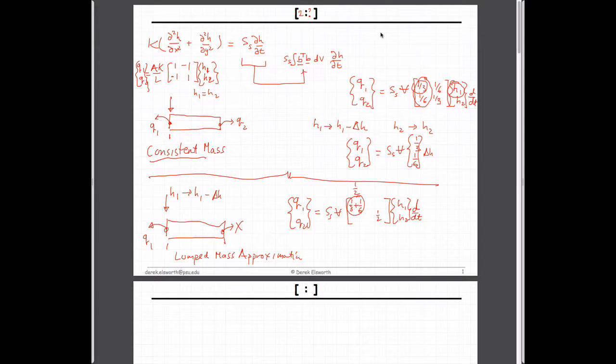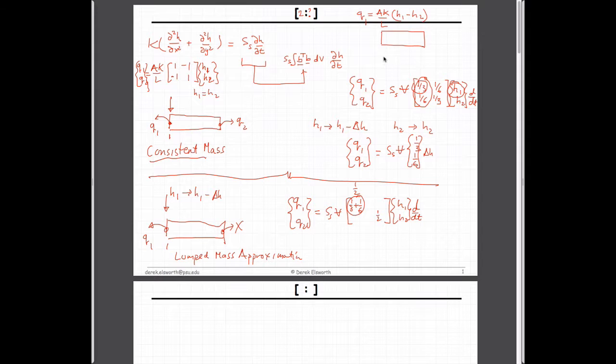So we know that Q1 is equal to AK over L times (H1 minus H2).